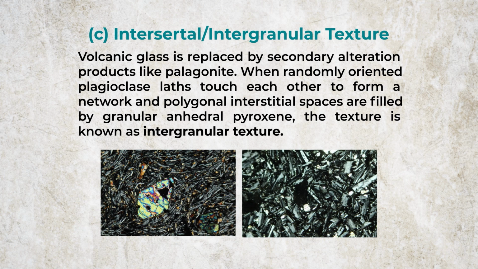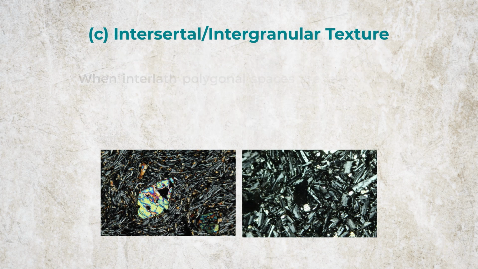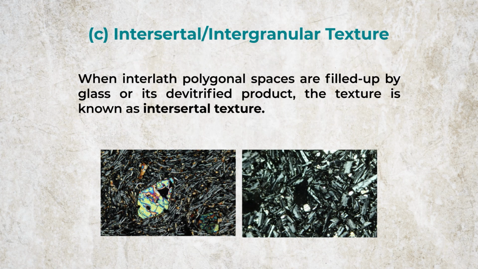When randomly oriented plagioclase laths touch each other to form a network and the polygonal interstitial spaces are filled up by granular anhedral pyroxene grains, the texture is known as intergranular texture. When interlath polygonal spaces are filled up by glass or its devitrified product, the texture is known as intersertal texture.